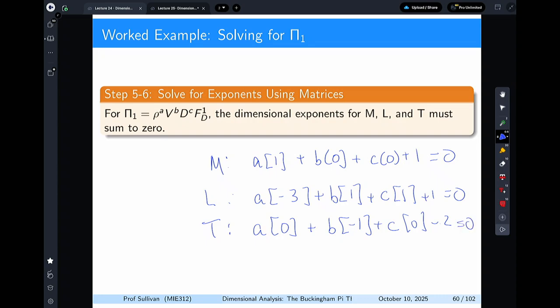So you have a matrix you can solve. And if you solve through for that matrix, you get the same sort of results as before. But they're different in the sense that now my pi1 group is for drag force.